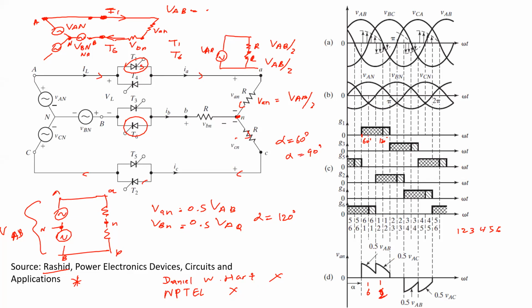As I explained earlier, they have drawn this angle 60 firing diagram, but they have mentioned it as actually drawn in the 90 degree position, but they have taken the final answer correctly. So if you are referring to Daniel W. Hart, there's no error, the only thing is the explanation is not enough. In NPTEL there are some errors, so please be careful when you are referring to these drawings.